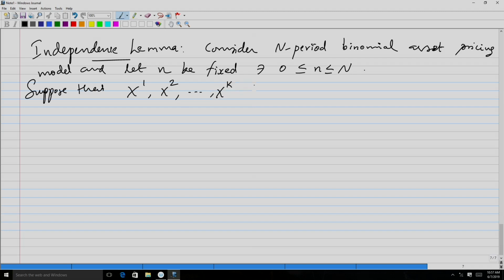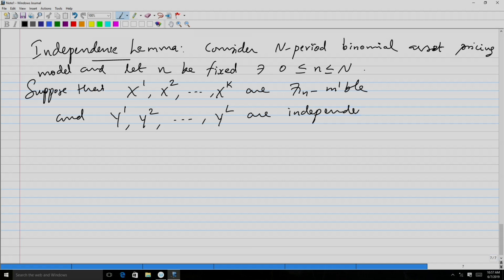Suppose that these are F n measurable, and you consider another L number of random variables y1 to yL, again with superscripts and not squares, which are independent of F n.